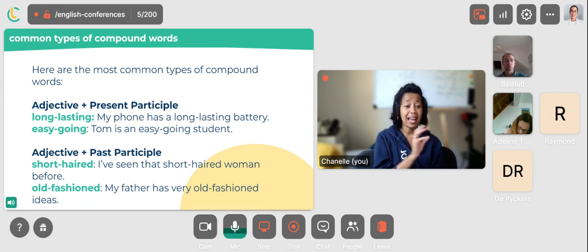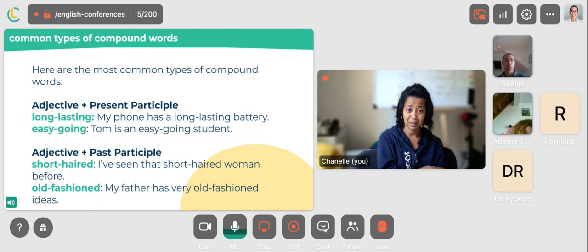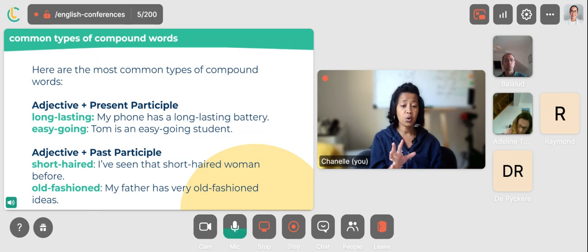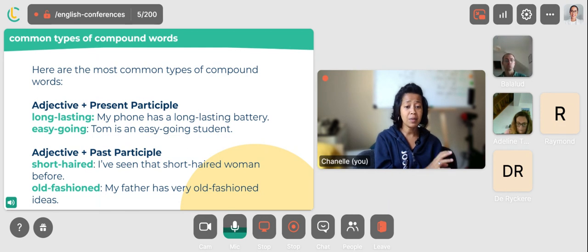We also have an adjective with a past participle. For example, short-haired. I've seen that short-haired woman before. Old-fashioned. My father has very old-fashioned ideas.